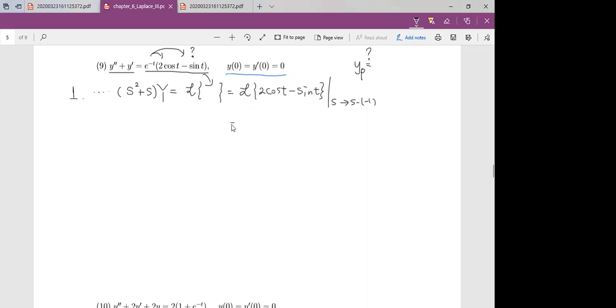Okay, so from the table, we see this is 2s over s squared plus 1 minus 1 over s squared plus 1. Probably you need this big parenthesis because this replacement applies to every s. It's going to be very long, so let me rewrite this here to save space.